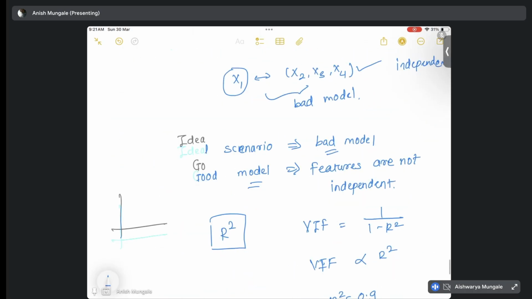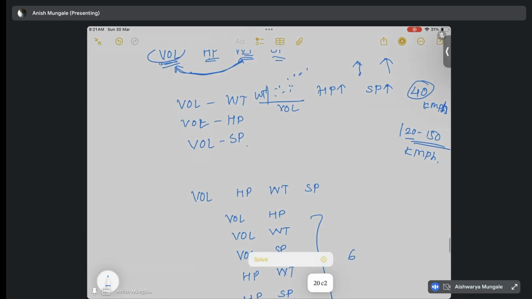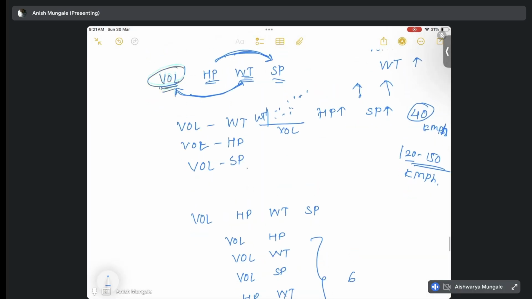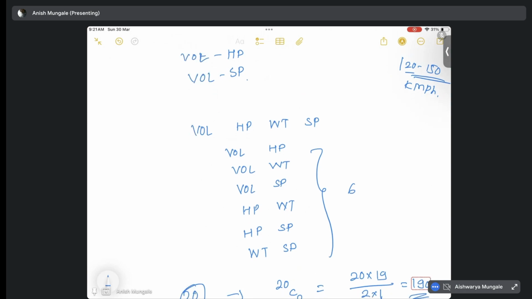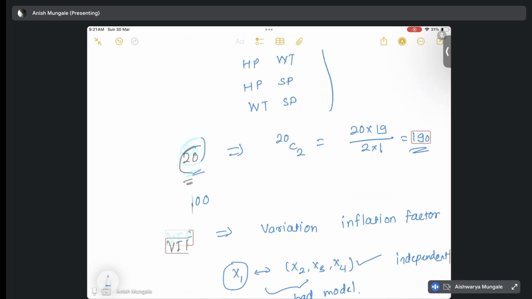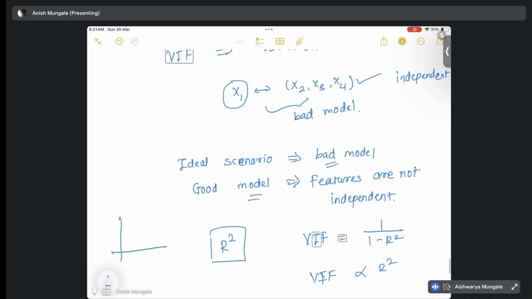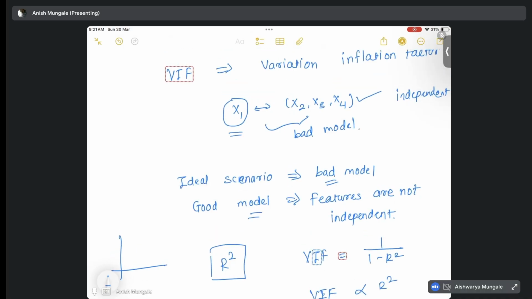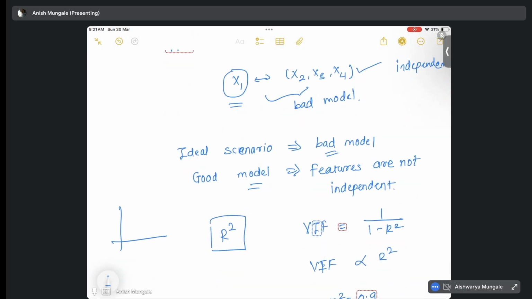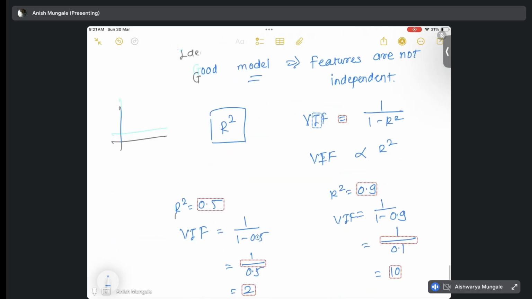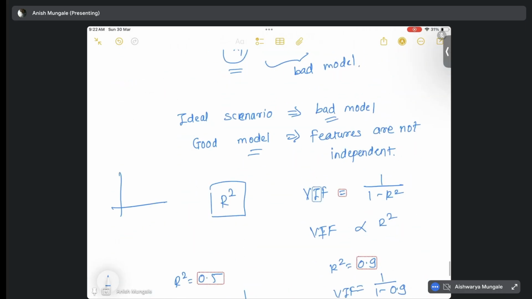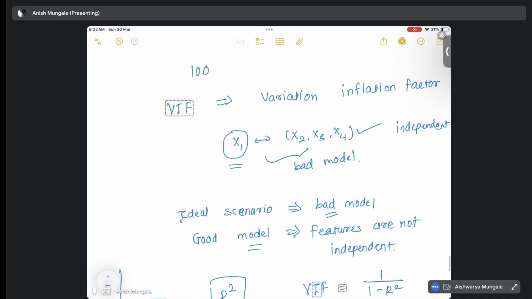So in order to check the assumption, we are creating another multilinear regression model, but instead of x and y, we are creating models among the features themselves. With those models, we will come up with a score for each model combination.